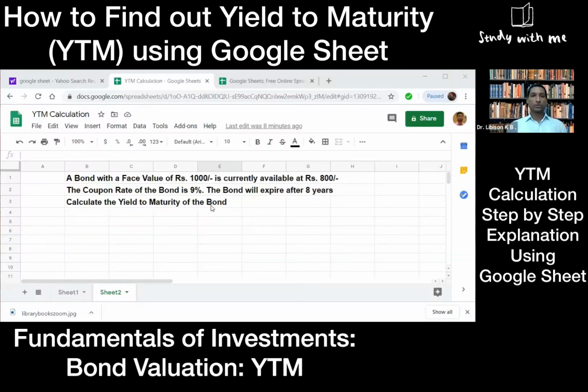So this is your Google Sheet, and there is a problem already typed in. So we will try to solve this problem. Right, what we are expected to find out? YTM. So what we have in the problem? Face value is 1000.